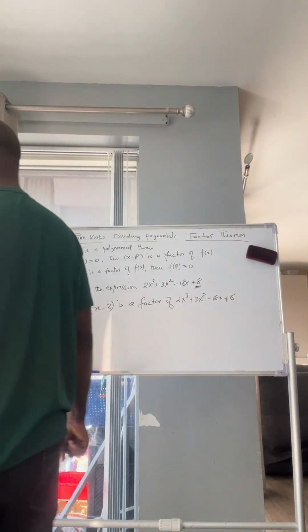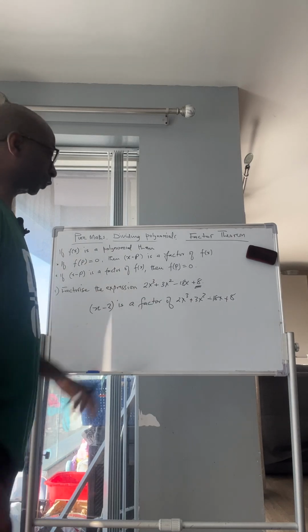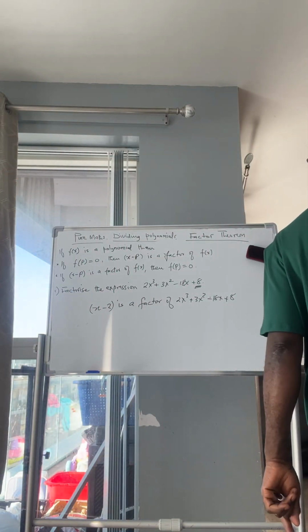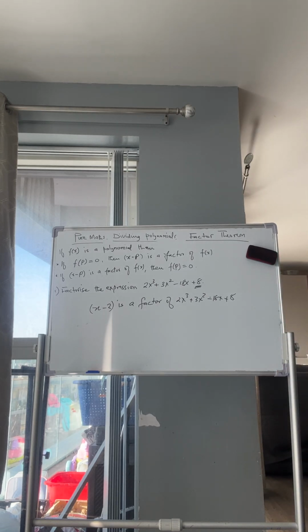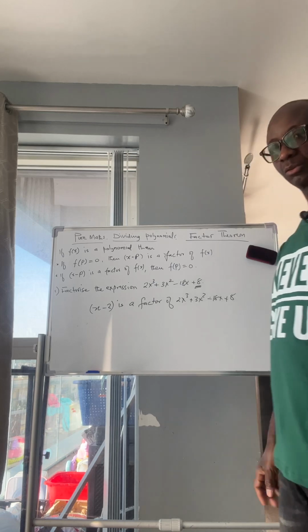What does that mean? It means if we divide this function by x minus 2, there will be no remainder. It will factorize it completely.